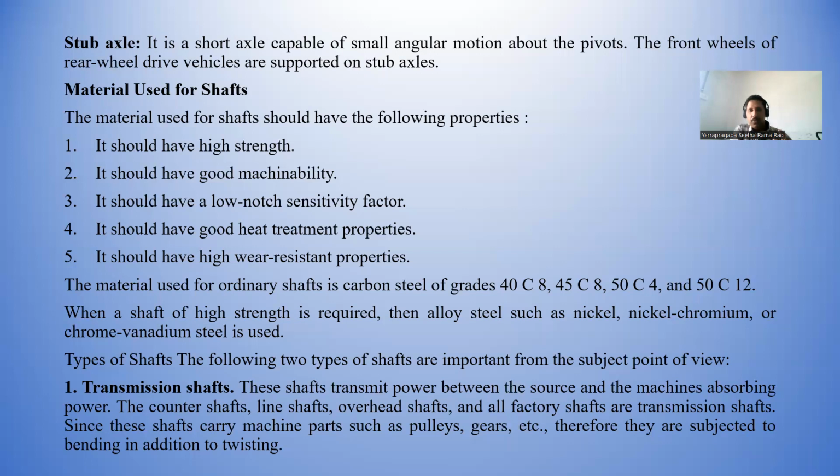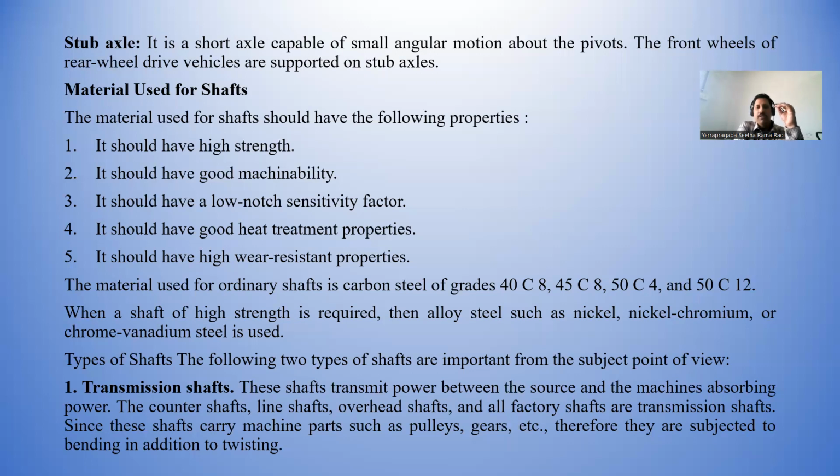And it should have good heat treatment properties, meaning to increase the hardness of the surface we have to undergo heat treatment techniques like hardening and tempering to improve the hardness of the surface of the shafts.